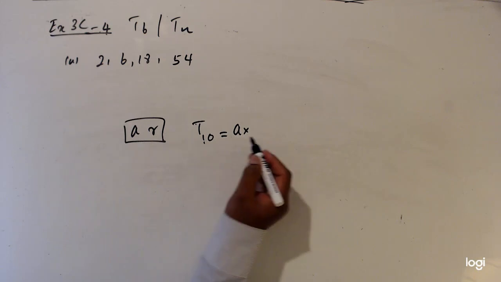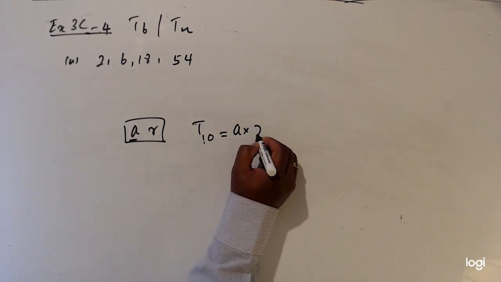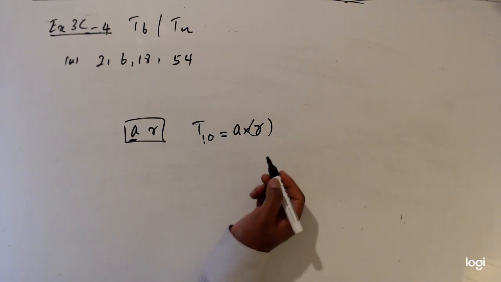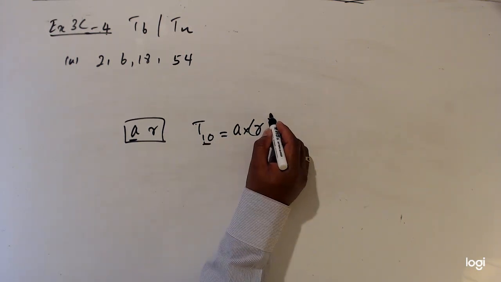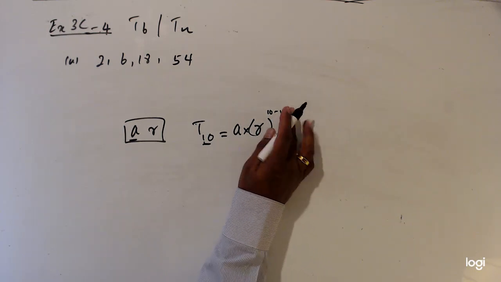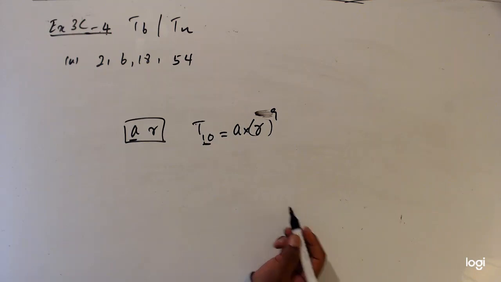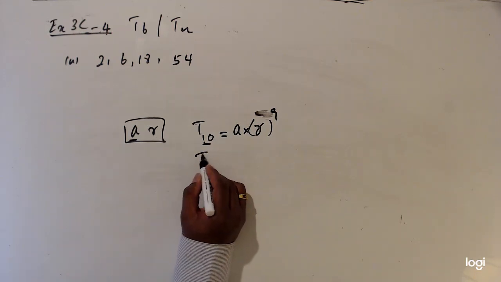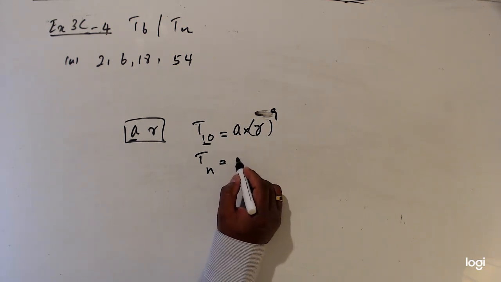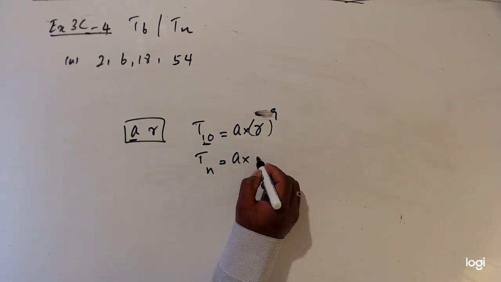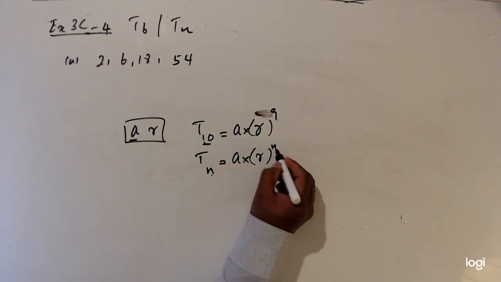the first term and the common ratio, the power should be 1 less than the term number, that is 10 minus 1. 10 minus 1 is 9. So for the nth term, we have to multiply the first term and the common ratio, the power has to be n minus 1.